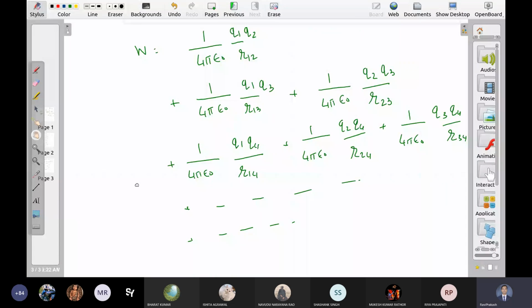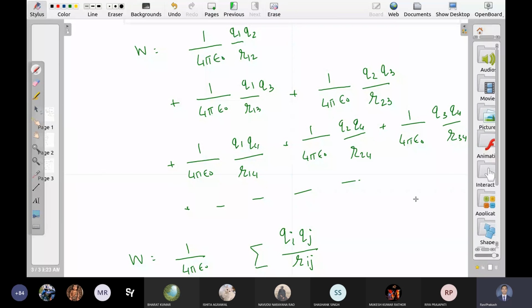So W is equal to 1 by 4 pi epsilon naught, which is common. We can take it out. Okay. And here we have Qi Qj upon Rij and a summation. What is the summation? So it is 1 2 here.